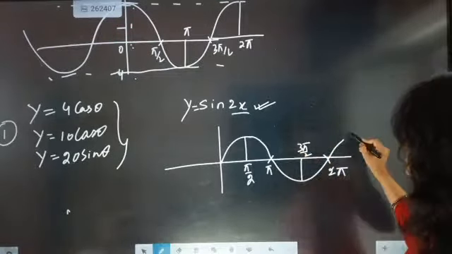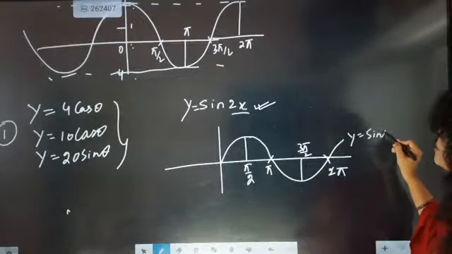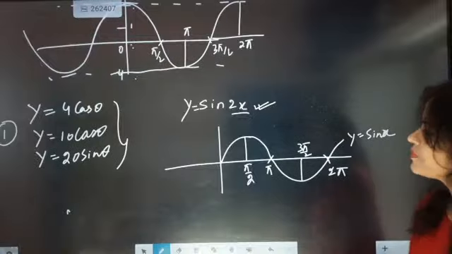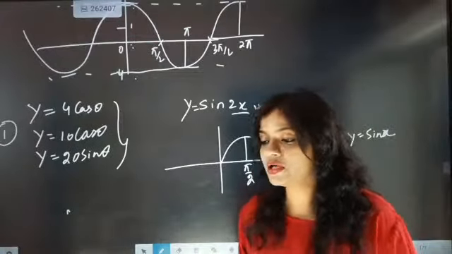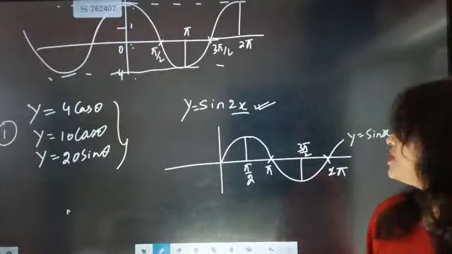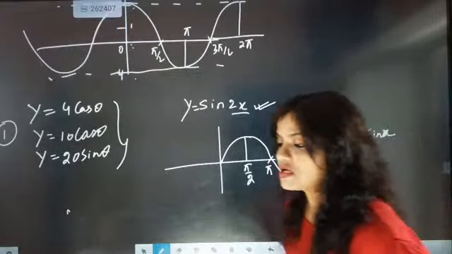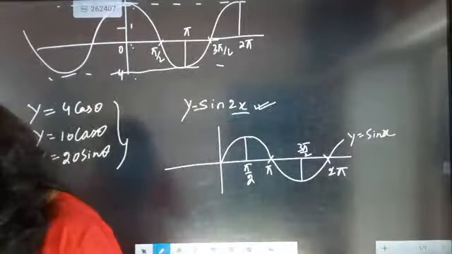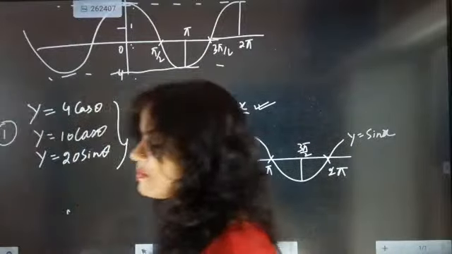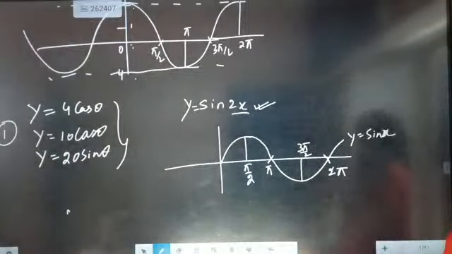This is for y equal to sin theta. Now, when y is equal to sin 2x, will it be doubled or will it become half? Tell me fast. Just think about it and say, will it be doubled or will it become half?